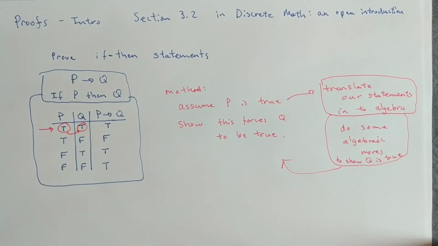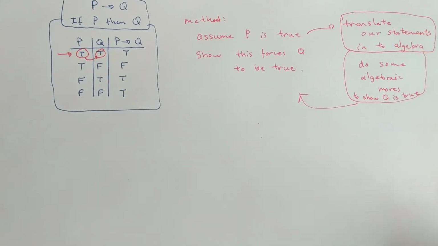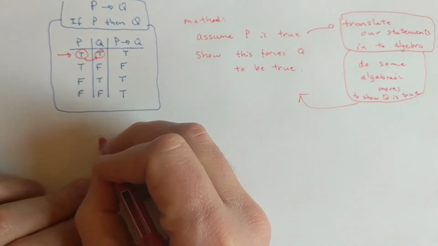Okay. And so what does it mean to translate our statements into algebra? The first few examples we're going to look at are going to be about odd and even integers.